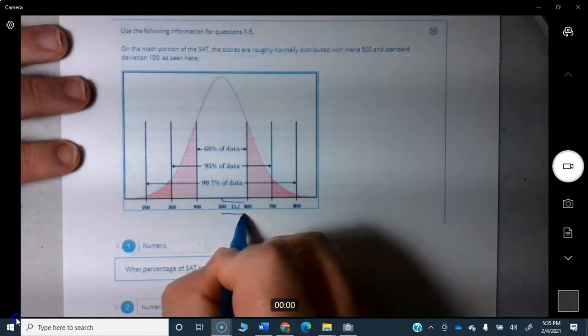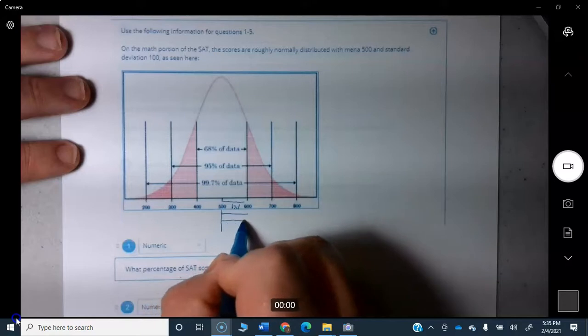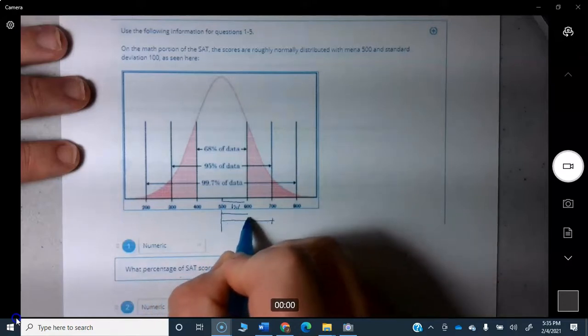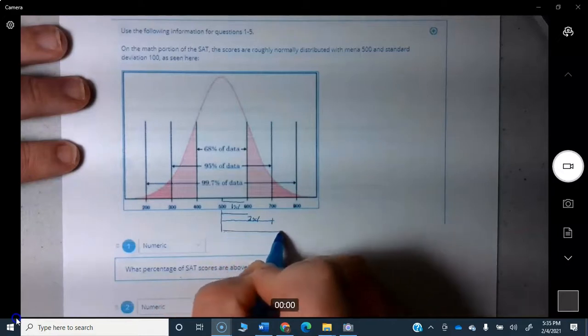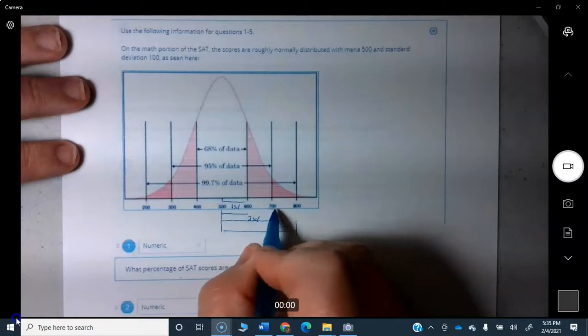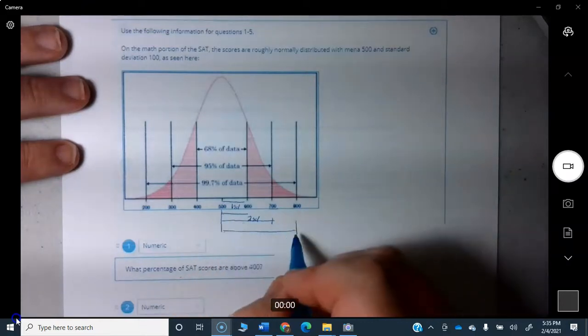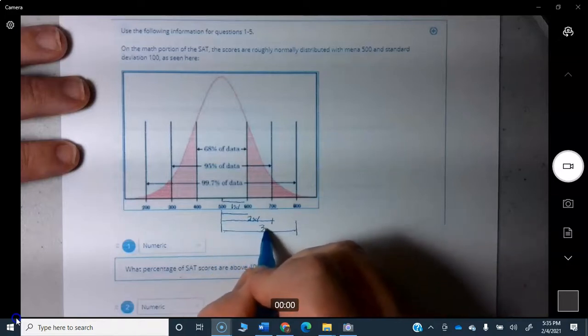Let me actually draw that down here. And if I draw a line down here, I can draw a line out here to 700, which is two standard deviations. And all the way out to 800, from 500 to 800, is three standard deviations.